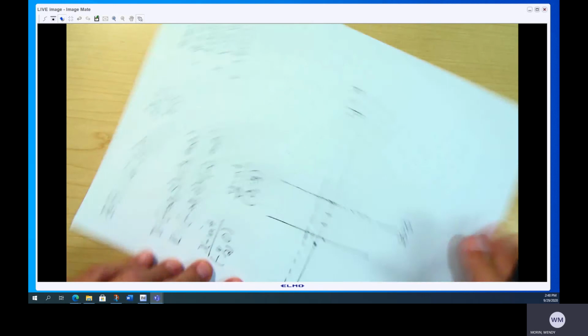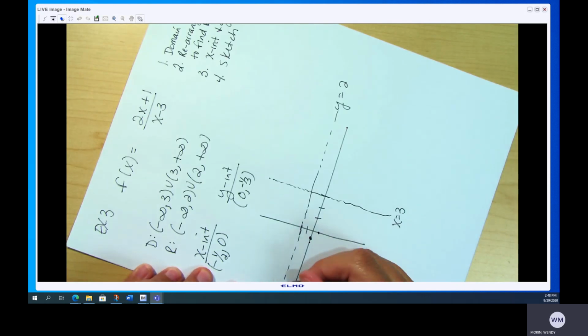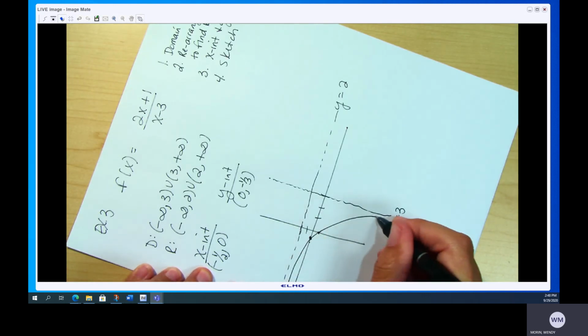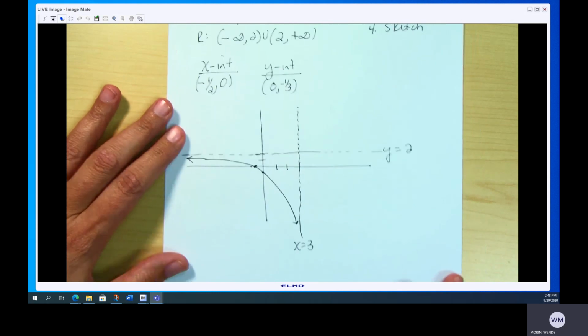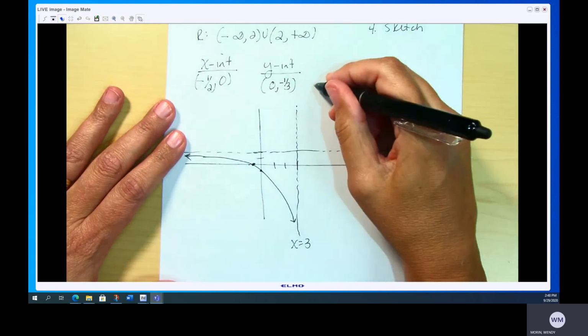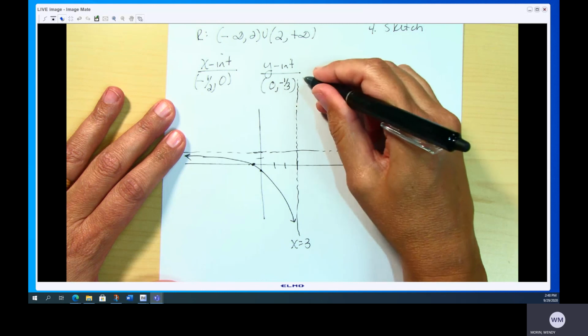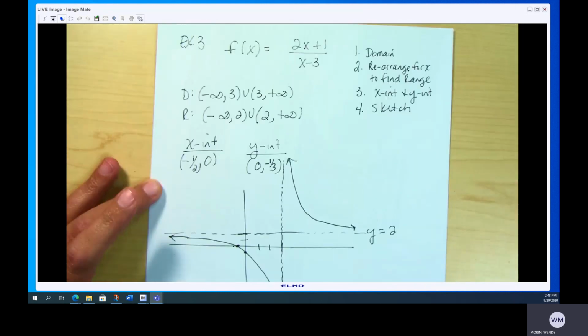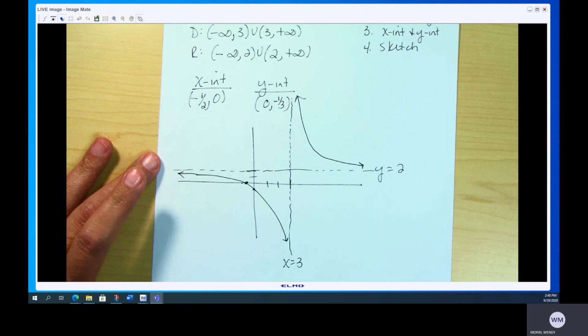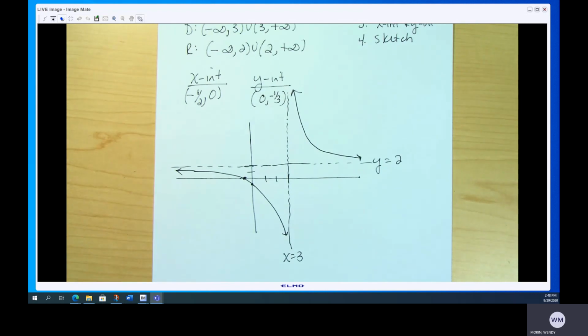Okay, so that means that this branch is going to go through here. So where is the other one? It's going to be over here somewhere. Again, we're just sketching. And there you go. So that's what you're going to practice on the next assignment.